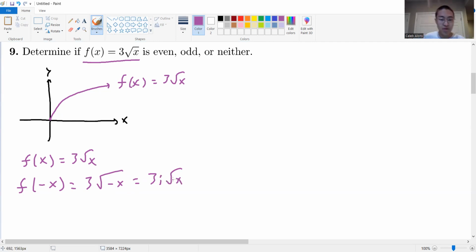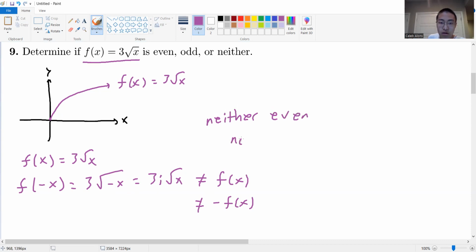Well, this is most definitely not f of x. It's also most definitely not minus f of x, because now we've just introduced this imaginary component. So this is neither even nor odd. It doesn't satisfy either property, so we can just say it's neither and then move on.